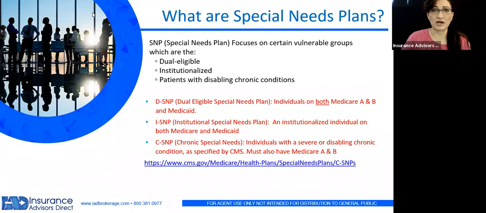There usually is a list of chronic conditions that are severe for each individual that puts them on that plan. Most states have dual products, but some of them don't, and they're called lookalikes. If you see a product that's called a lookalike, more than likely it might have benefits similar to a dual SNP, but it's not an actual dual special needs plan.